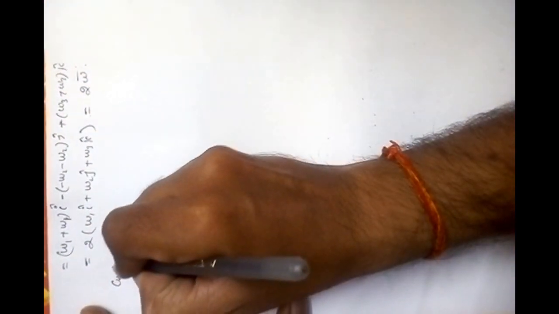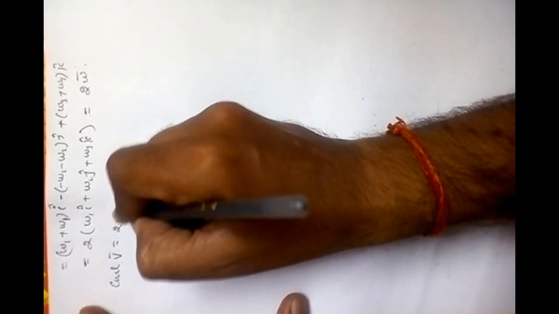So curl of vector v is equal to 2 omega.